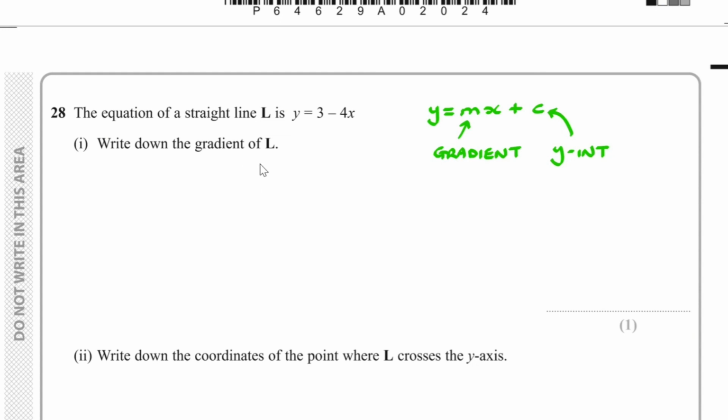So, if we have y equals 3 minus 4x, through commutativity we can rewrite this as y equals minus 4x plus 3. And so the gradient over here then will equal negative 4.